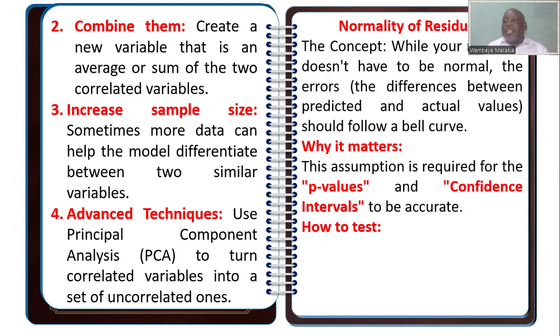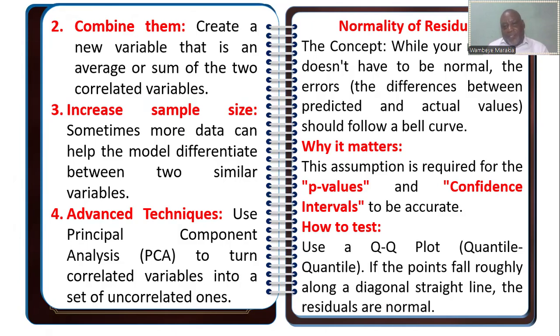We are going to run into type 1 error and type 2 error, because when we are interpreting our values, we have a problem. Now, how do you test for this? We use Q-Q plots, quantile to quantile plots. If the points fall closely along the diagonal straight line, then the residuals are normal.